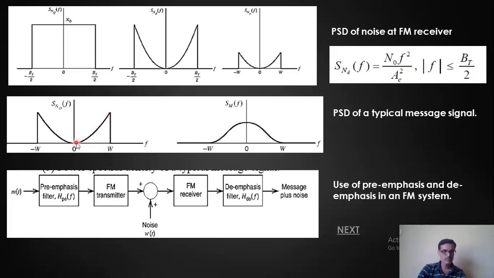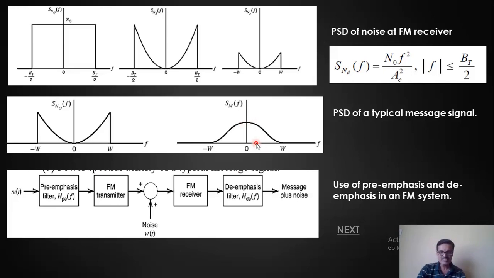At 0 frequency, the noise PSD is 0, but the message signal PSD is very high. That means for the low frequency signals, the impact of the noise is very low, and the message signal also has high PSD.